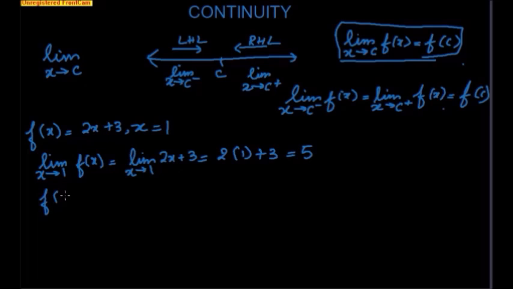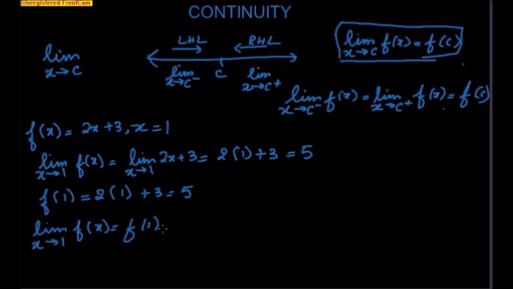What is f(1)? Again, we put the value of x as 1 and get the value as 5. Which shows that limit x tending to 1 f(x) is equal to f(1). So the function is continuous at x equal to 1.